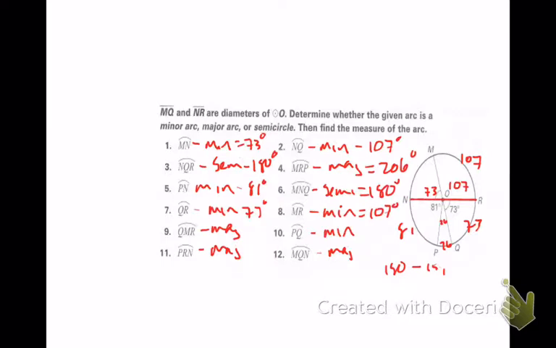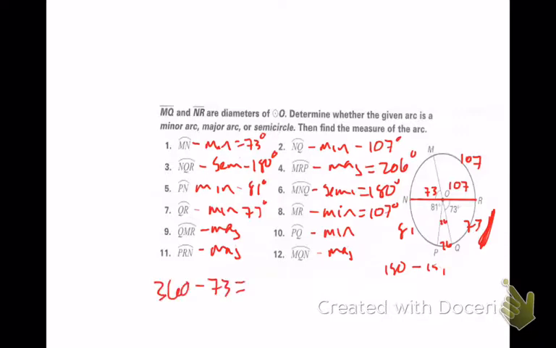QMR, right? Well, there's two different ways we can do that. We can add this arc, this arc, this arc, and this arc together if we wanted to. Nothing wrong with doing that. Or, since QMR is the entire circle except for this part right here, we could just subtract 73 from 360, right?